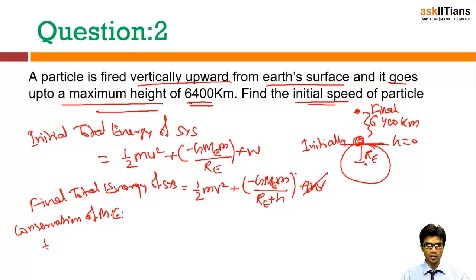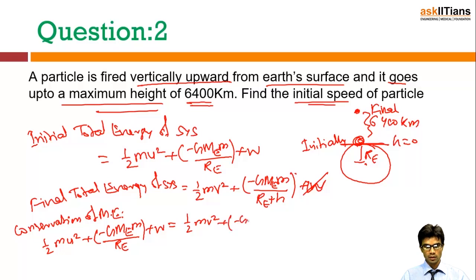So half m u square minus G M_E m by R_E plus W is equal to half m v square minus G M_E m by (R_E plus H) plus W. W cancels, and the maximum height is attained when v is equal to 0, so that part is also 0.